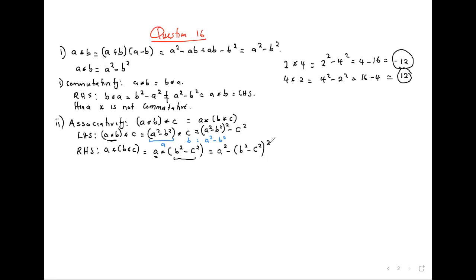At this moment, you can now start comparing. Why are we squaring? Because the question says, if you have A star B, you square A, you square B, and then you subtract the two. That's how the star has been defined. So just squaring the placement that we are putting here.